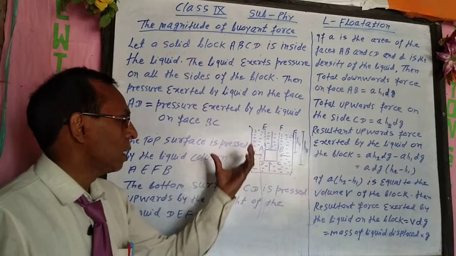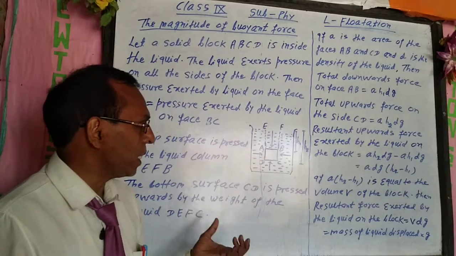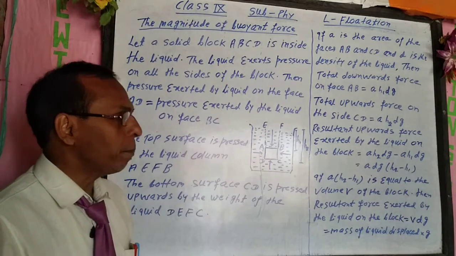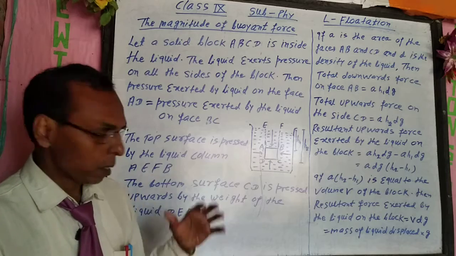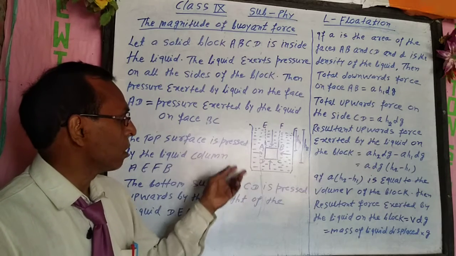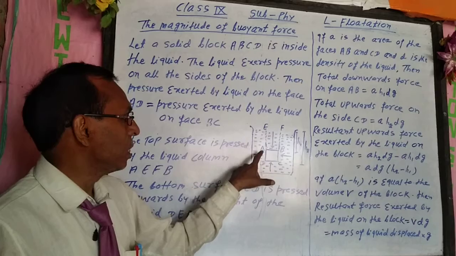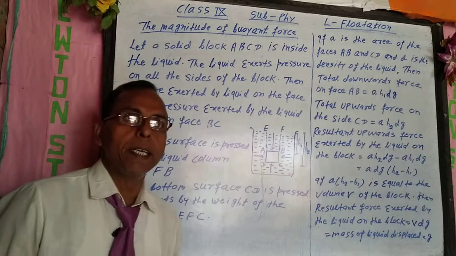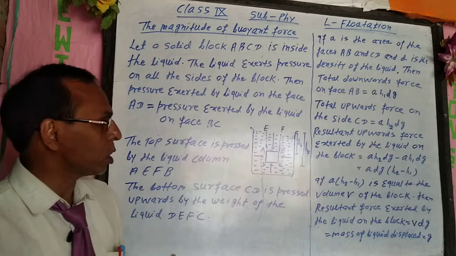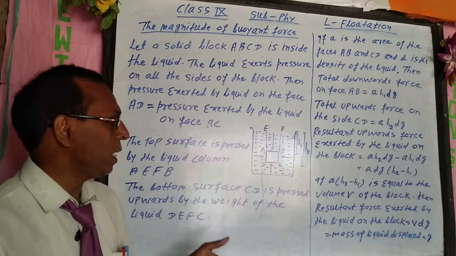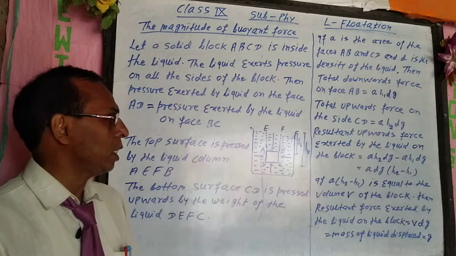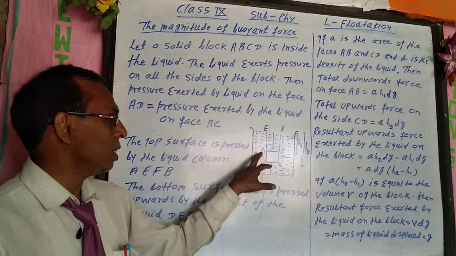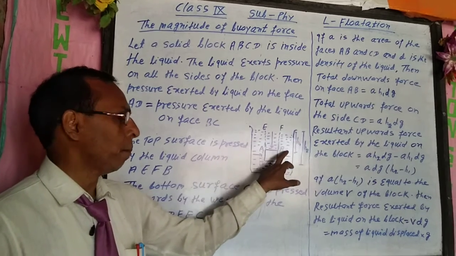It means that the liquid present on top of the block applies a force on the solid block, and the amount of liquid present on top of the block is AEFB.